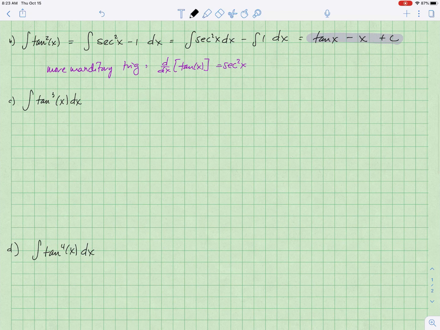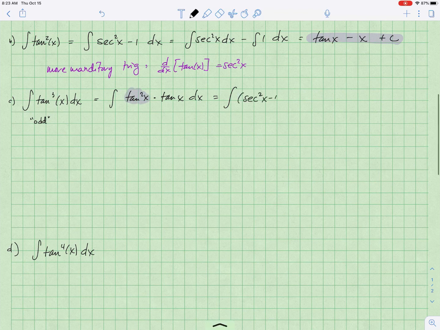For tangent cubed, this one is also pretty straightforward. This is similar to an odd technique, and by odd technique, I'm referring to the odd technique that we used in sines and cosines. What we're going to do is siphon off 1 power of tangent, and then use a Pythagorean identity to rewrite tangent squared using that mandatory trig.